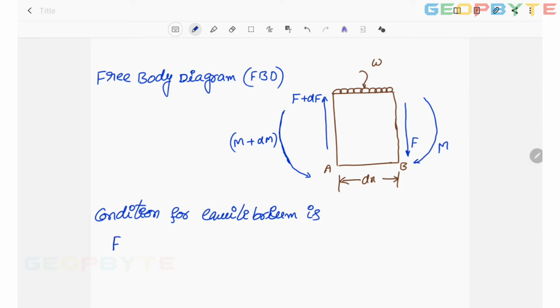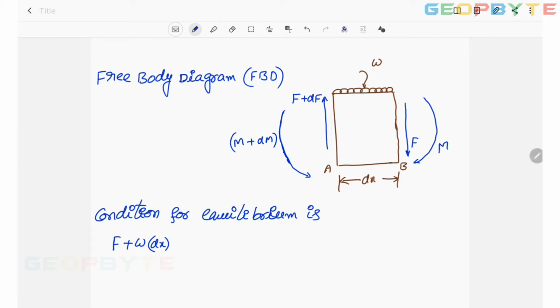The shear force on the right surface is acting vertically downwards, and the force due to UDL multiplied by the UDL distance is the point load. That point load is taken as a shear force.